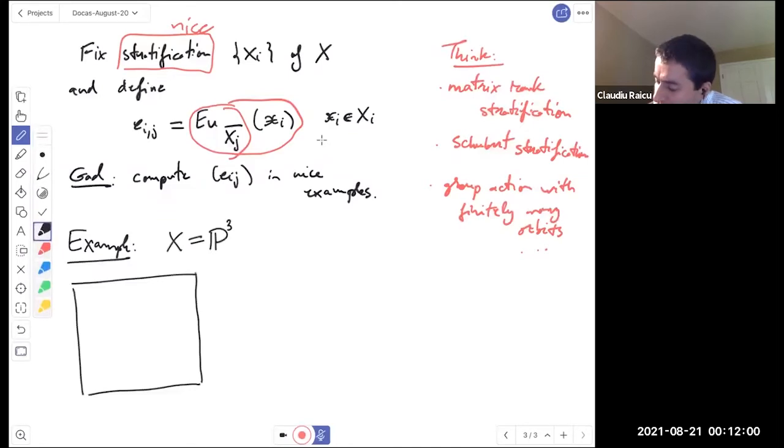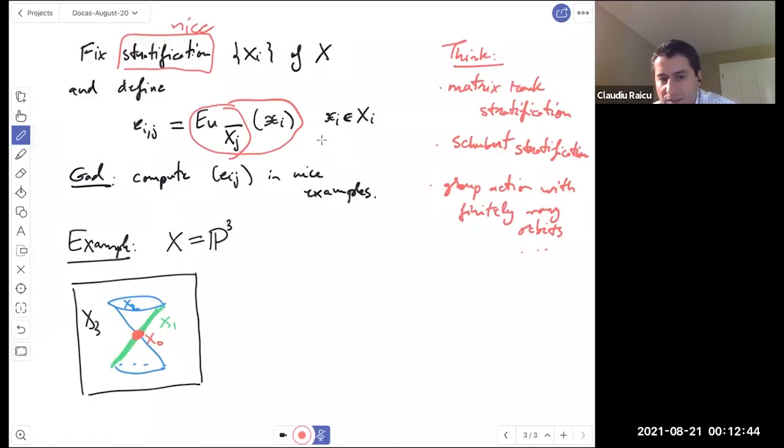And let me choose a stratification where I take a quadric cone, and then inside it I pick a line, and then I choose the cone point over here. So I guess this would be the stratum X0, the green one would be X1, the quadric cone would be X2, and then you get everything else.